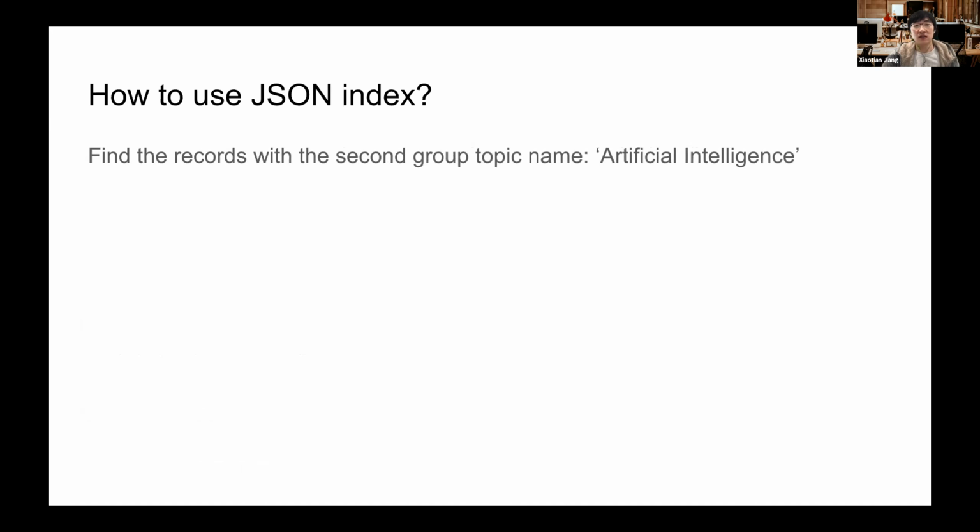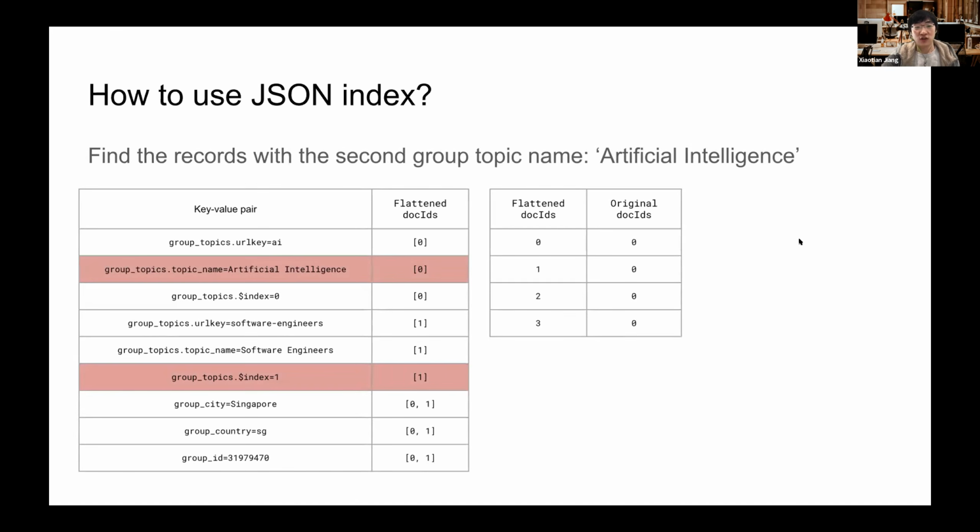Another example is I want to find the records with the second group topic name AI. Again, I need to do two lookups: one is the topic name AI and the other is index 1. Then I found that one has flattened doc ID 0 and the other has flattened doc ID 1. If I do an AND operation, there's no match.